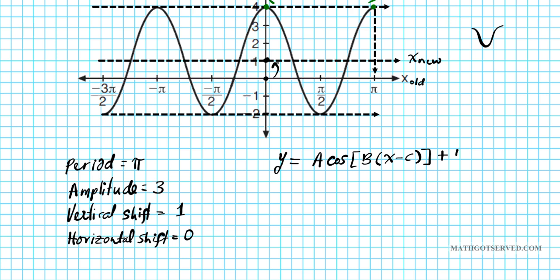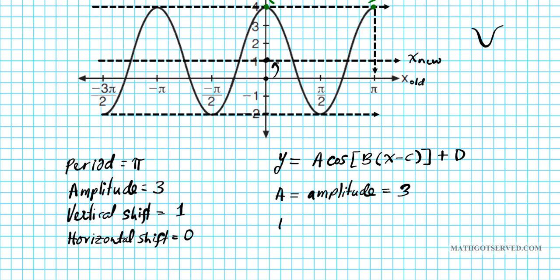Now, a is the amplitude. So a in this problem is equal to the amplitude. And what do we know the amplitude is? 3. So we know that 3 is going to go right here.